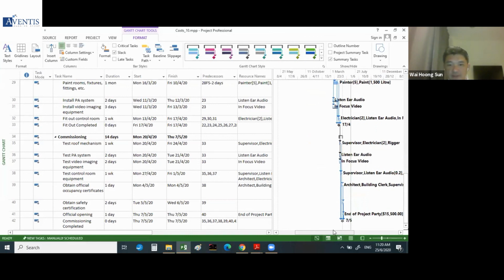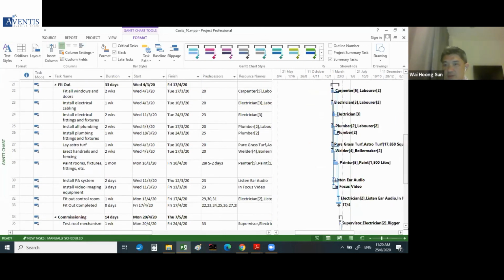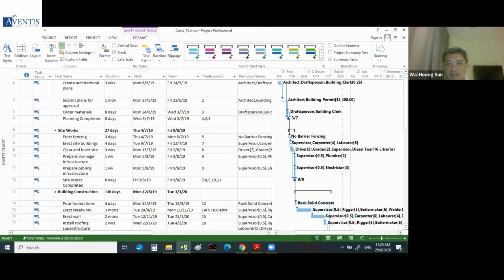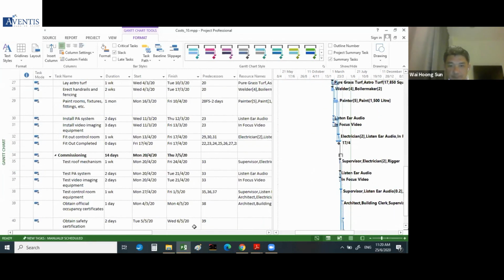The project finishes on 7th of May 2020. What Microsoft Project does is automatically calculate the end of the project after you have put in all the information.